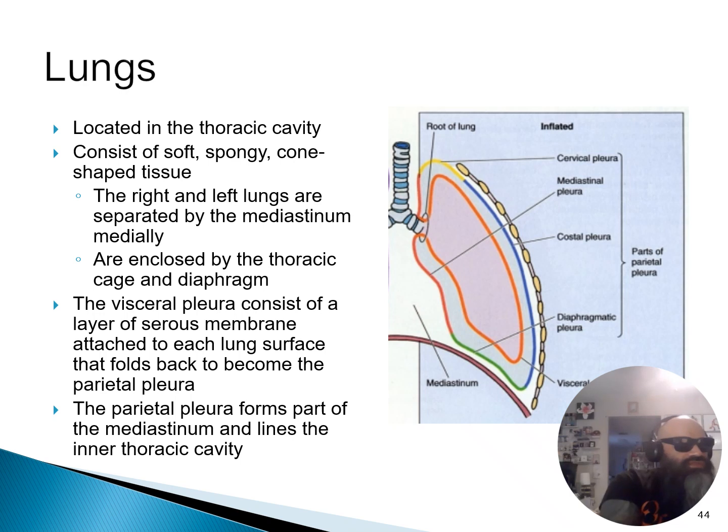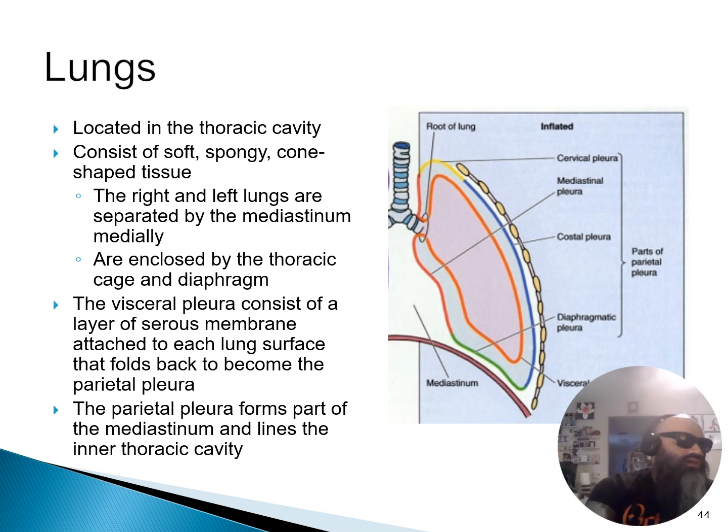In those bottom two paragraphs, I unfortunately didn't bold them. So understand that the visceral pleura consists of the serous membrane, and serous means serous fluid. It's an amber-tinged fluid that's secreted, which basically allows for lubrication to occur. When it folds back onto itself, it becomes the parietal pleura, which encompasses most of the mediastinum and other structures not directly related as an organ system.